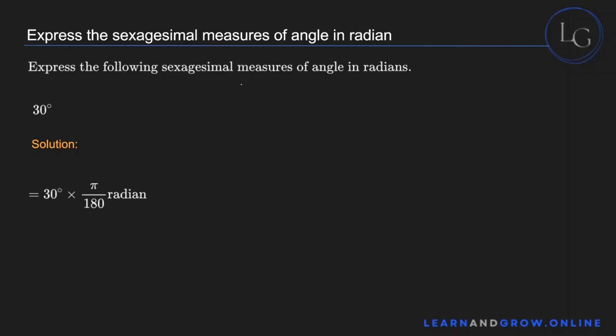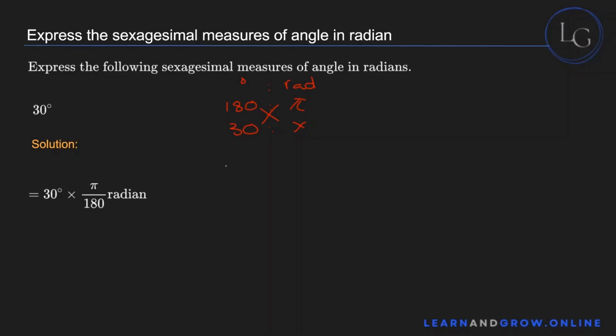So we basically have degrees ratio radians, and we already know that 180 degrees is pi radians, and we are given 30 degrees and we need to find it in radians. So we'll cross multiply, because again this is a direct relationship.